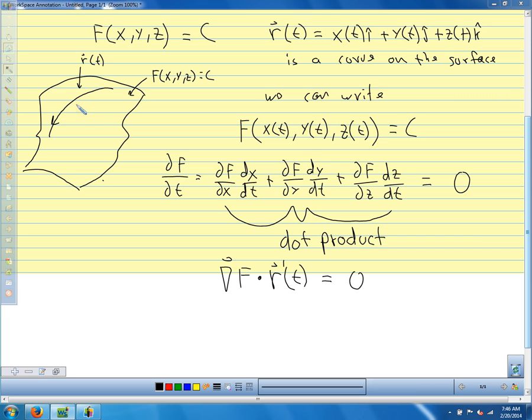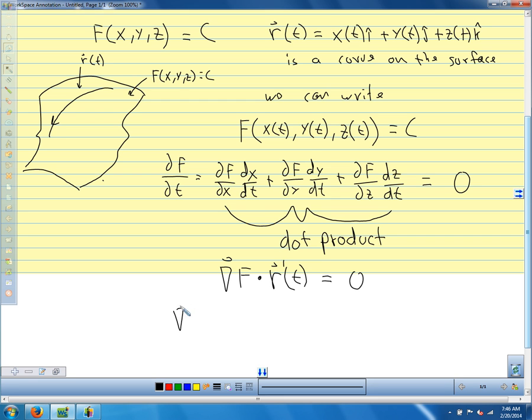We picked an arbitrary position vector, and our gradient del f is normal to the tangent vector. This tells us that the gradient is normal to the surface, because I could draw any curve through a particular point, and the gradient is going to be normal to any of those curves. So our gradient is normal to the surface.